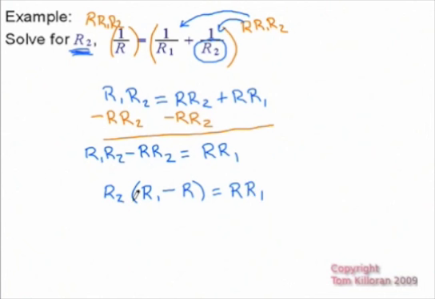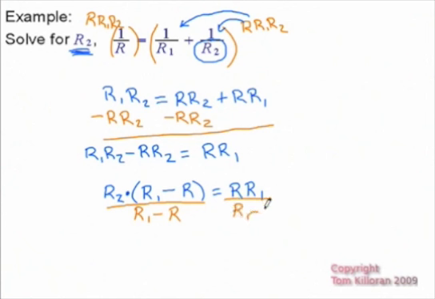Well, I pretty much have R2 by itself except for this term. Remember, the operation connecting them is multiplication, so to get rid of this factor, all I have to do is divide it across. So I'm going to divide both sides by R1 minus R.